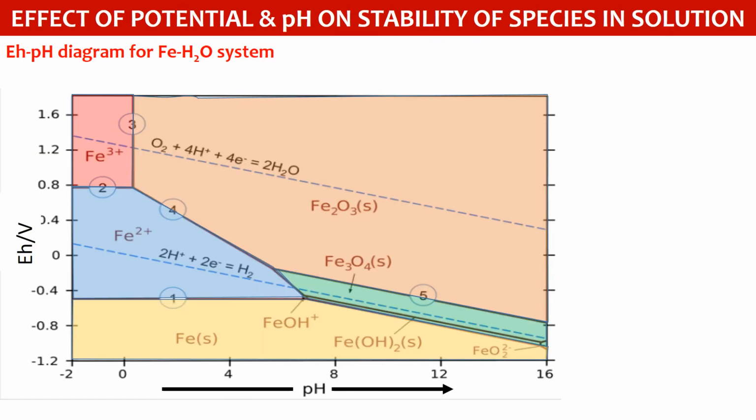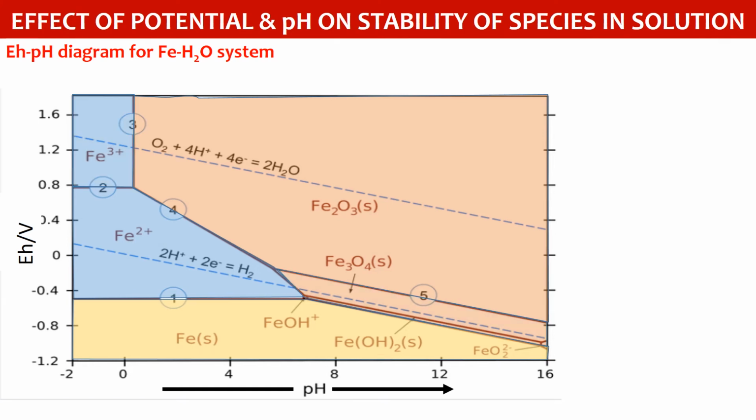Now, let's look at this EH-pH diagram for the iron and water system. You see that there is Fe3+ here, Fe2+, Fe0, and you've got your oxides or hydroxides here when you increase your potential. Look at mainly these three regions.